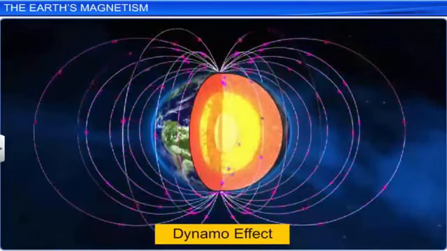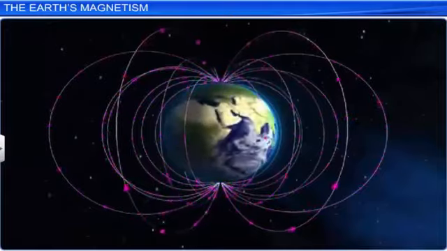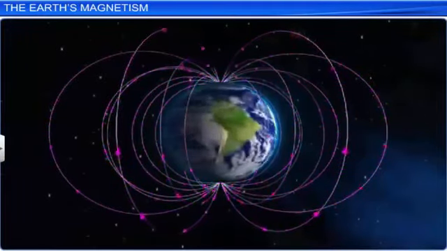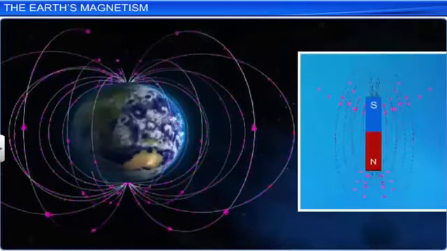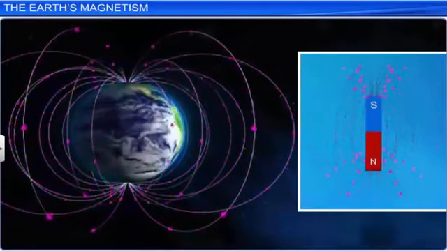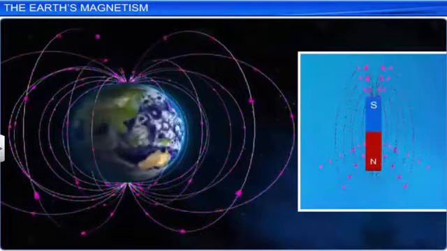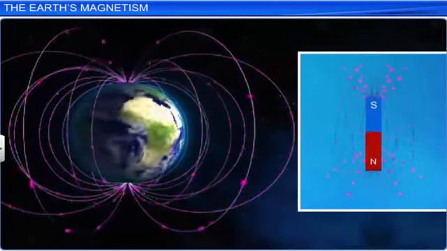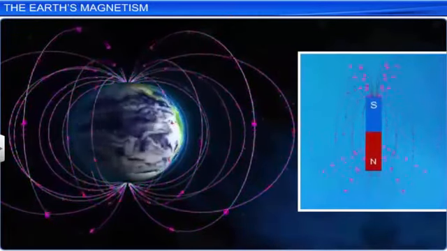The Earth's magnetism can be realized by its magnetic field lines. The Earth's magnetic field lines are similar to the magnetic field lines of a magnetic dipole. Hence, we can assume a magnetic dipole to be placed at the center of the Earth.